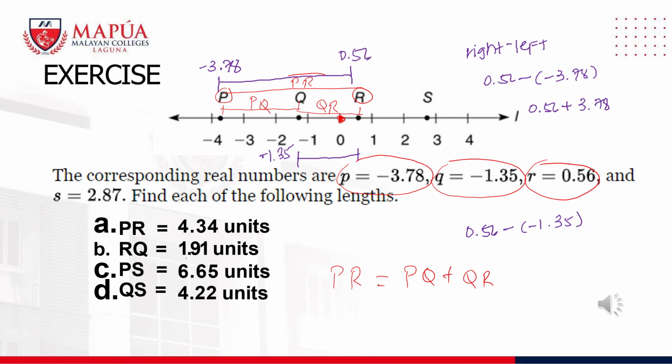So the P here means the distance from the center, which is 0, towards this one. This is our P, given as small p, 0.378, negative because it's on the left.